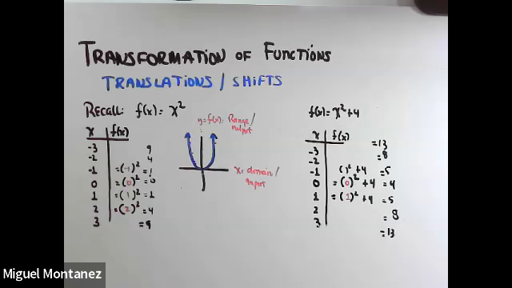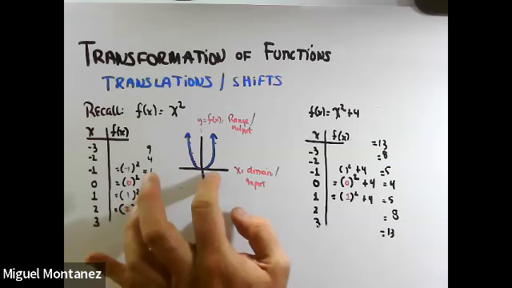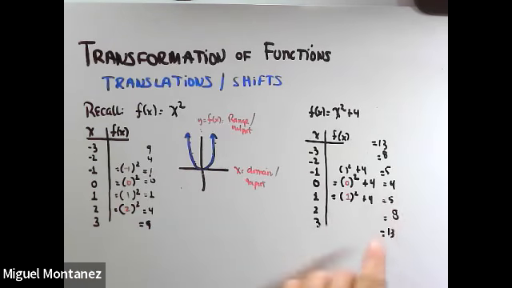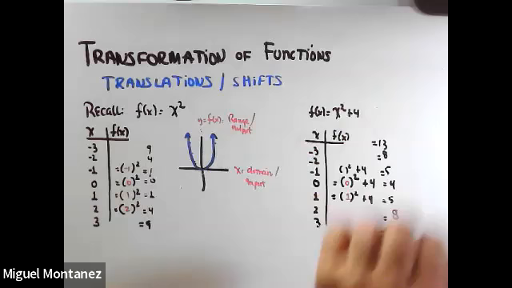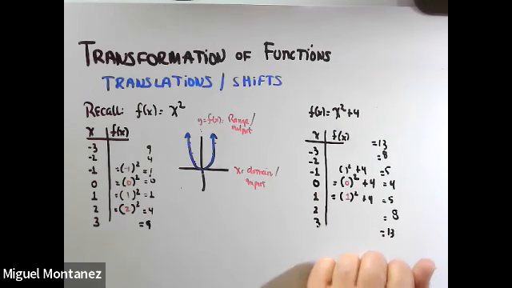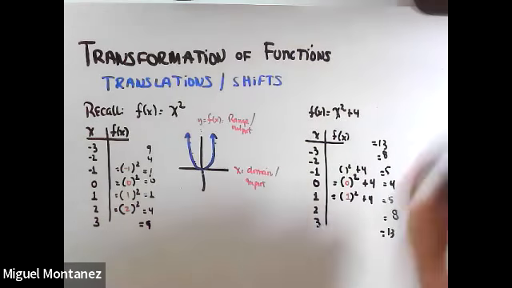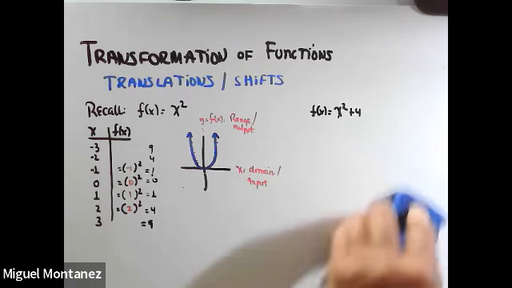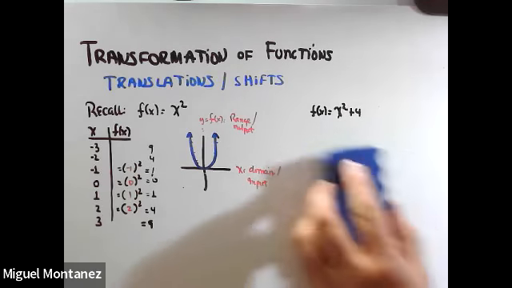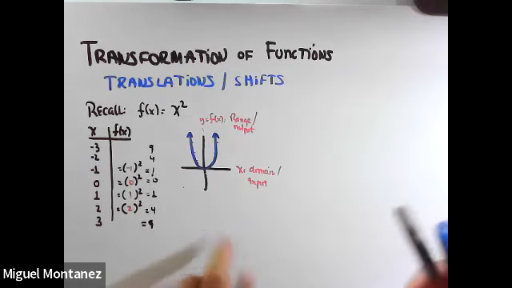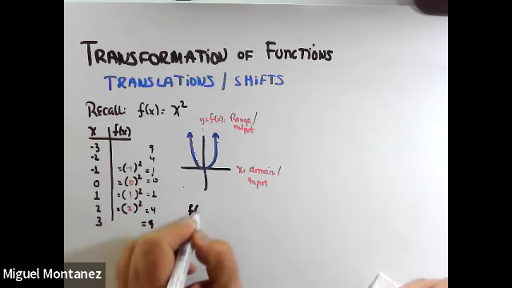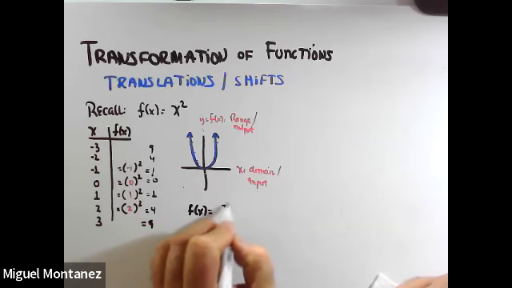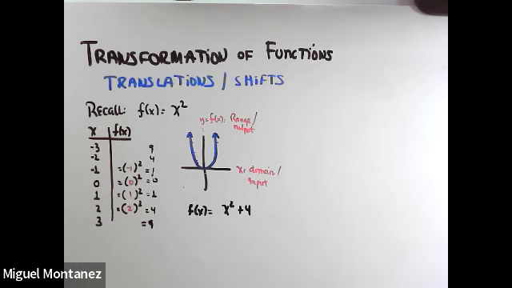So if I were to graph these points, you will notice that it's going to be exactly this graph where all the output numbers are being pushed up 4 units. Okay? So I'm going to erase the numbers. Hopefully you notice that. Then I'm going to do something very similar. I'm going to graph here f of x equals x squared plus 4.